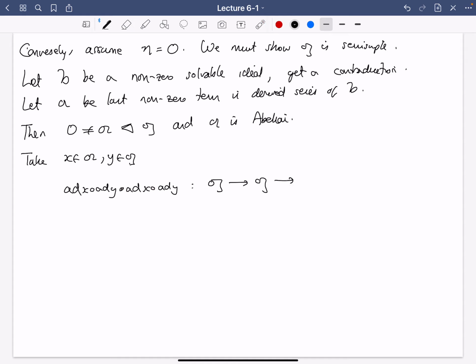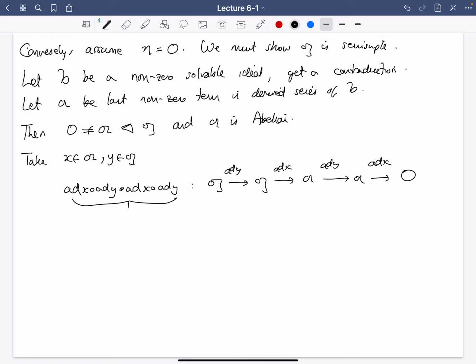So when I do ad x, that takes me into A, and then I'm doing ad y, which takes me still into A because A is an ideal, and then finally I'm doing ad x again, but A is abelian, so that time it gives me 0.